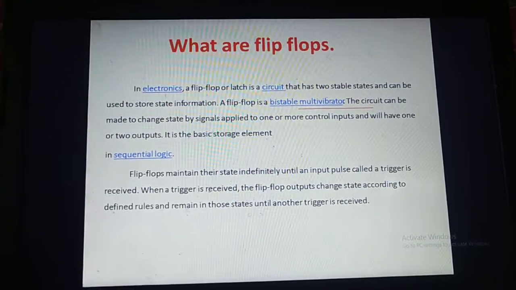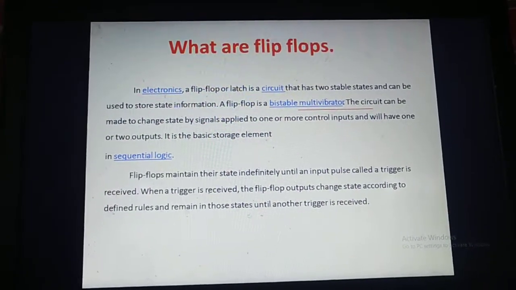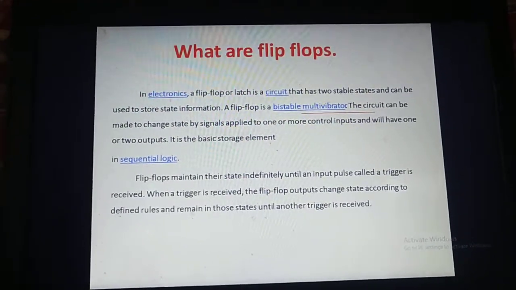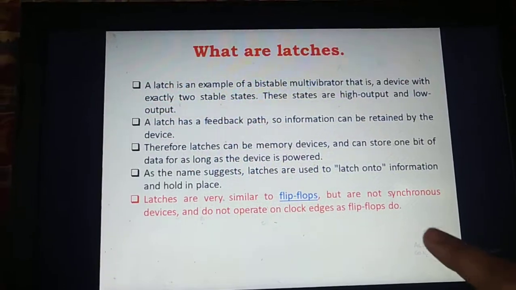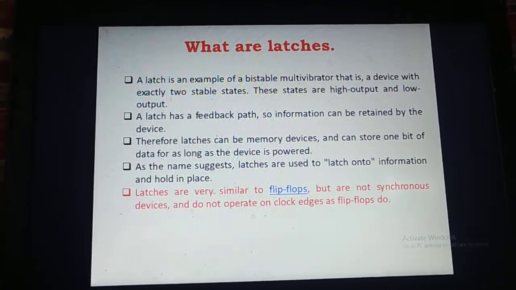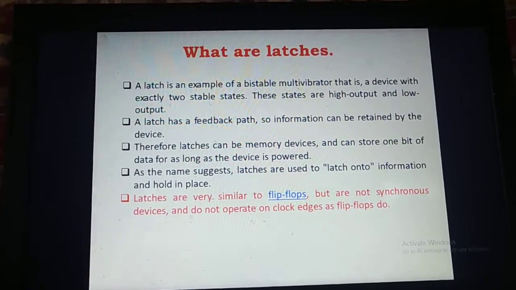What is a flip-flop? Flip-flop working is similar to latches, but the difference is the clock. Okay, here one term is coming, that is synchronous devices. We know there are two types of devices, asynchronous and synchronous.